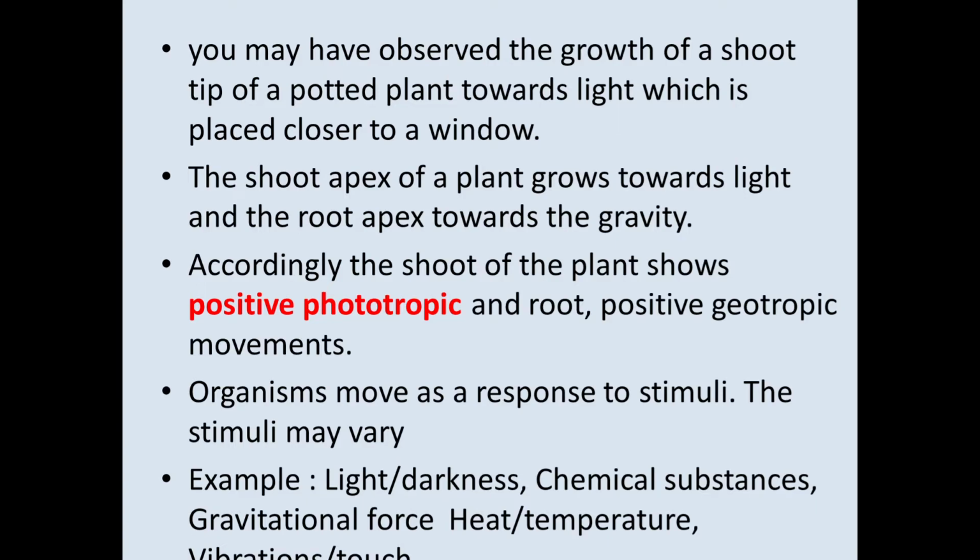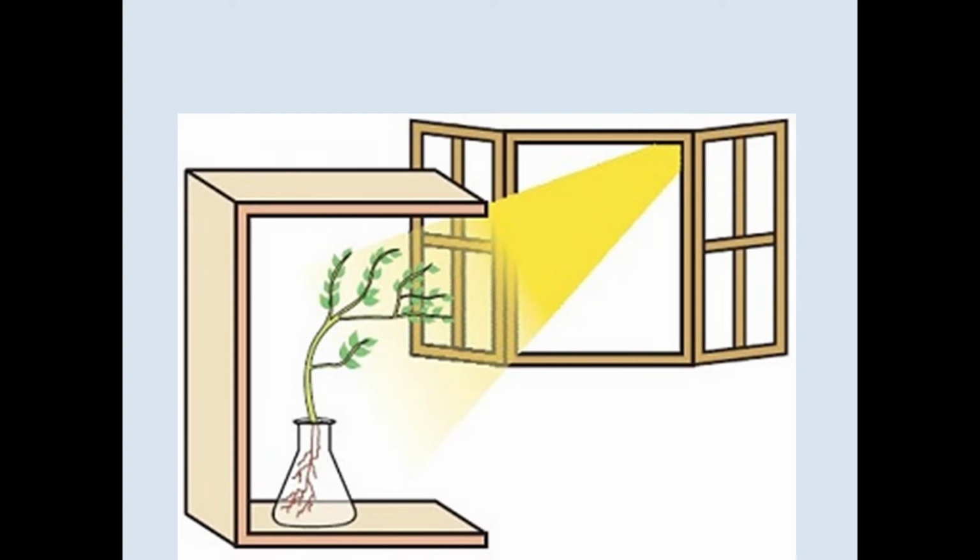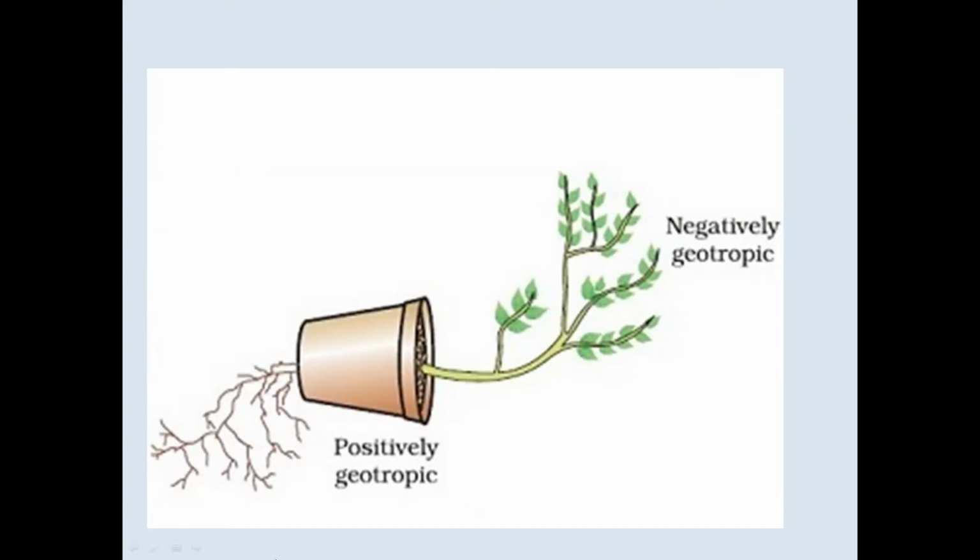A pollen tube of pollen grows towards a chemical substance in the ovary. It is a chemotropic movement, positive chemotropic movement. And the root of a plant grows towards the earth, that is geotropic movement, positive geotropic movement.